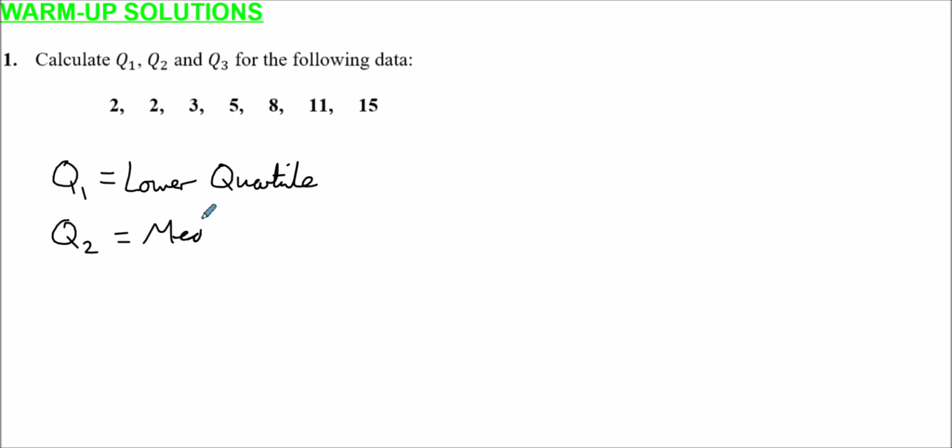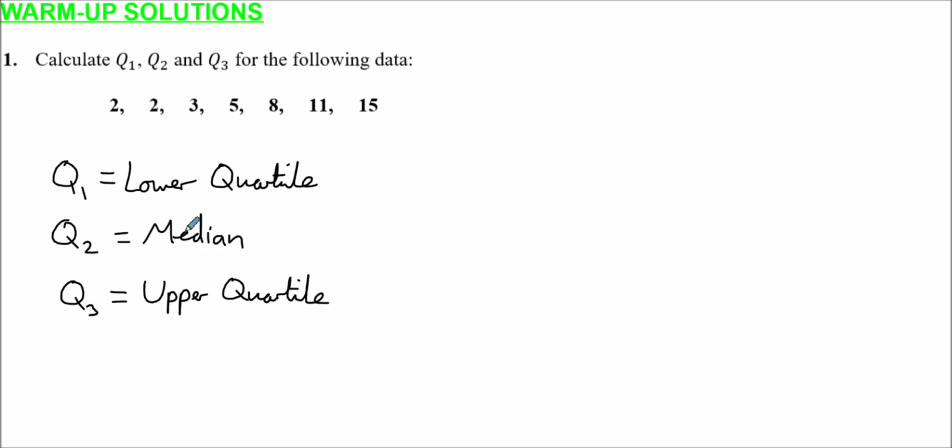It's the second quarter, 2 quarters is a half, that's how you can think of it as being the median, and Q3 is the upper quartile. That's what Q1, Q2 and Q3 will always mean. So I'll show you how to do this manually, I'll then show you how to do this using the ClassWiz.